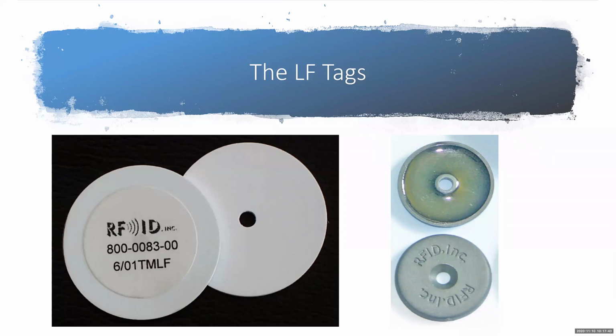The low frequency tags were utilized in this application, and these were the two types that were used. Both of these are made for very precise reading, and you'll see in the next slide the smart antenna reader that was utilized.